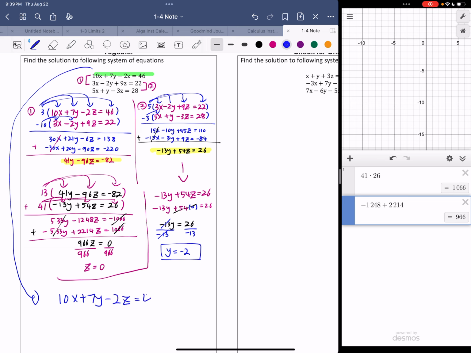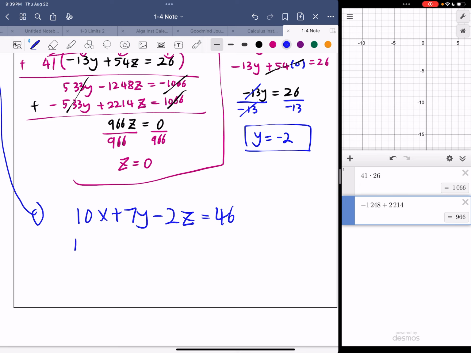So here, it's going to be 10x plus 7 times negative 2 minus 2 z, where z is equal to 0, is equal to 46. As you can see, this one disappears, so I only have 10x. 7 times negative 2 is minus 14, and that is equal to 40. I just bring this one down there.